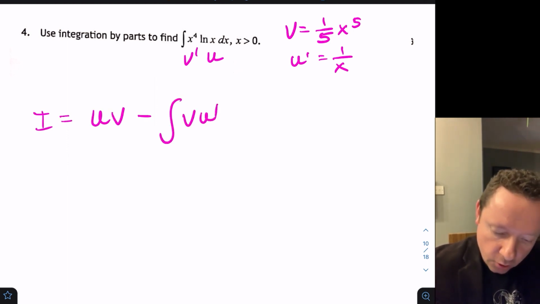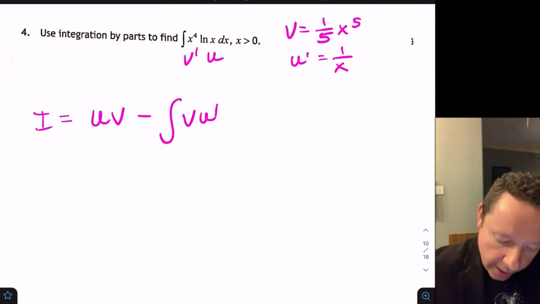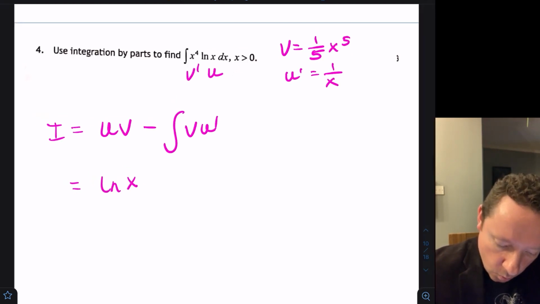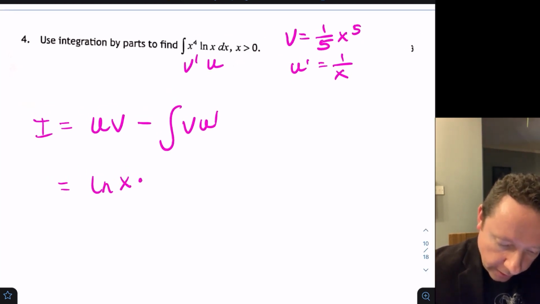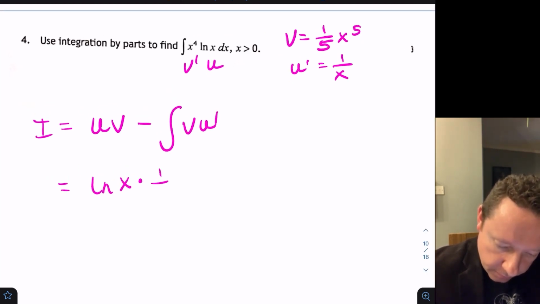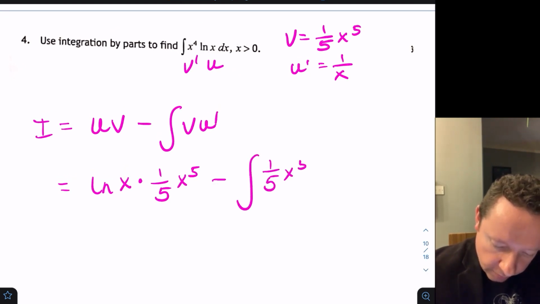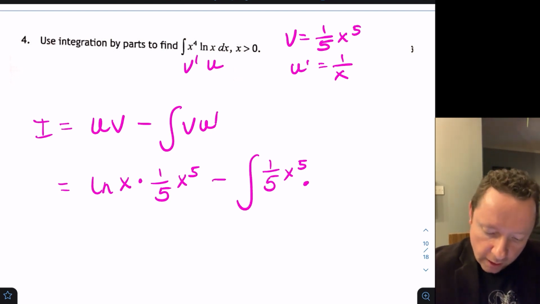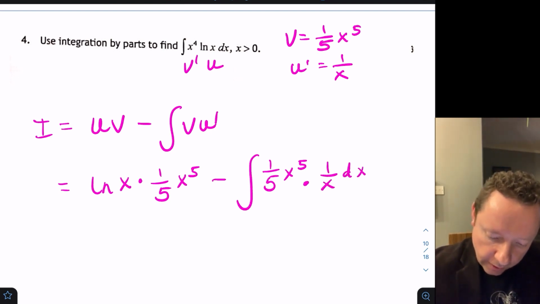So uv is log x times 1/5 x to the 5 minus the integral of v, which is again 1/5 x to the 5, and you've got u dash, which is 1 over x dx.